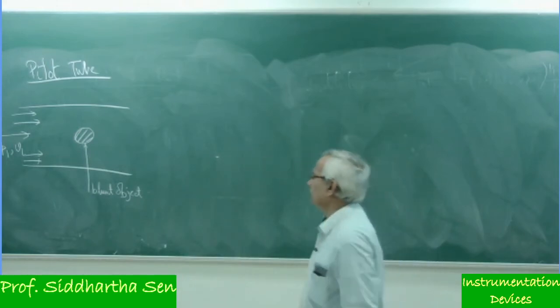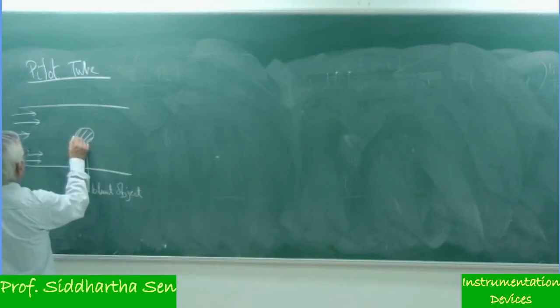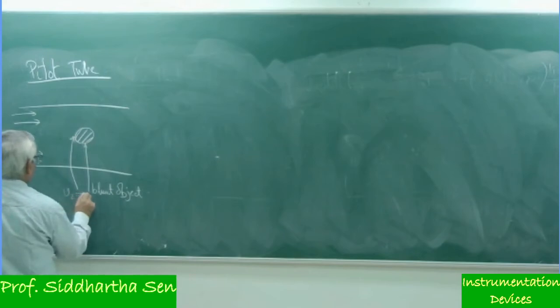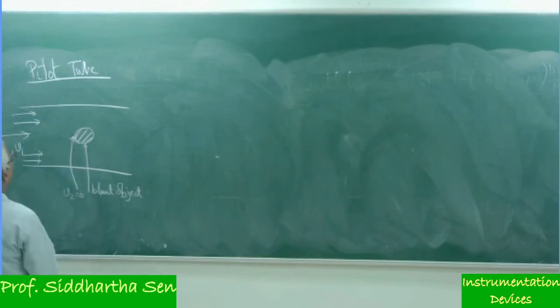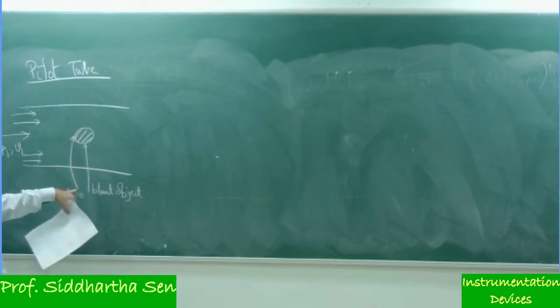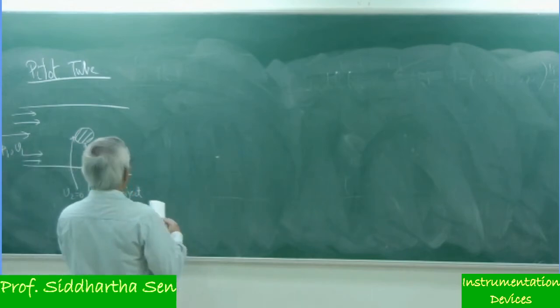If I put a blunt object, what will happen? The flow will come, and at this point the velocity becomes 0, because it comes here and stops here. And if the velocity is 0, we can understand surely that all the kinetic energy is converted into potential energy, and as a result the pressure here will increase.